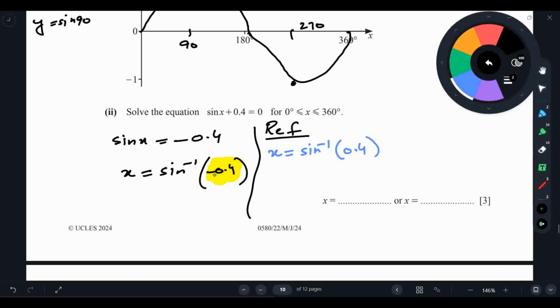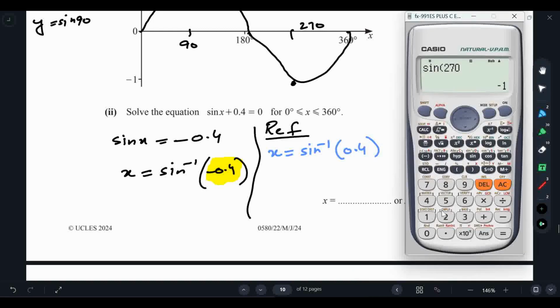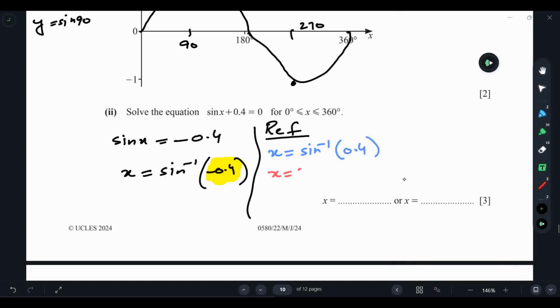Now sine inverse of 0.4 means, let me check it over here. Sine inverse of 0.4. So the reference angle is 23.5781. So x is equals to 23.5781. This one will be the reference angle.